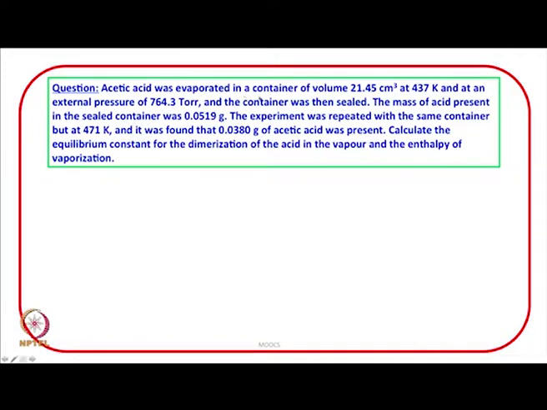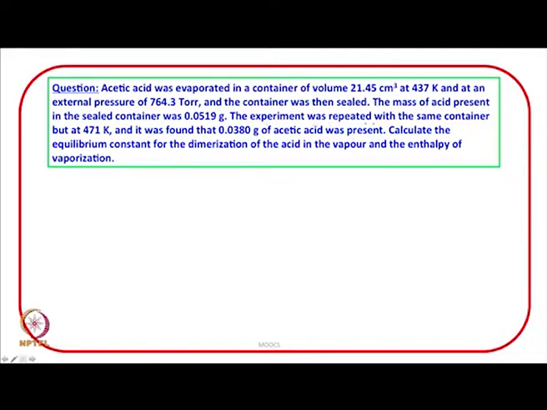Acetic acid was evaporated in a container of volume 21.45 centimeter cube at 437 Kelvin and at an external pressure of 764.3 torr, and the container was then sealed. The mass of the acid present in the sealed container was 0.0519 gram.